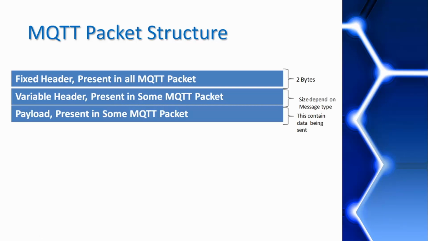The payload contains the data being sent. You might think the payload section is compulsory, but we will see in a later slide that many commands in MQTT do not require a payload, in other words do not contain message data to be sent. An example is the disconnect message.